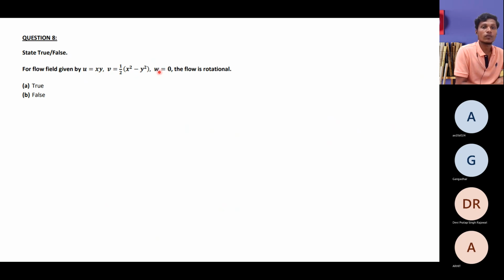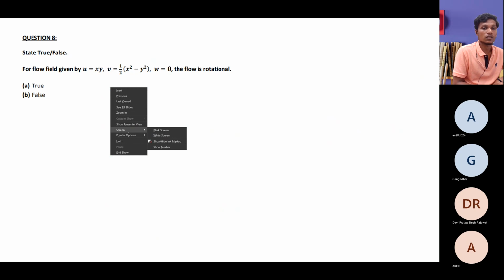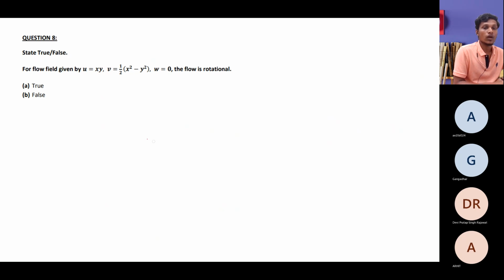They gave the components of the velocity vector instead of the vector form. The statement is that the flow is rotational. We need to identify whether the flow is rotational or irrotational, then only can we state whether the statement is true or false. We need to understand the condition mathematically for a rotational and an irrotational flow.